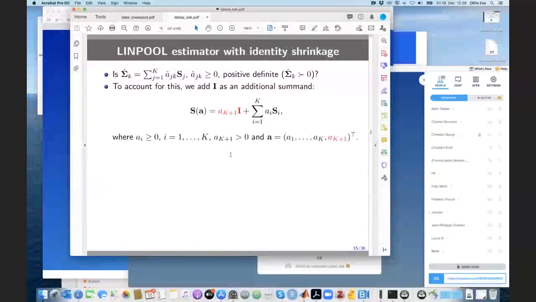If those populations have a common covariance matrix, then I think what you said is true. Okay, well, thank you. Thank you, Florent.